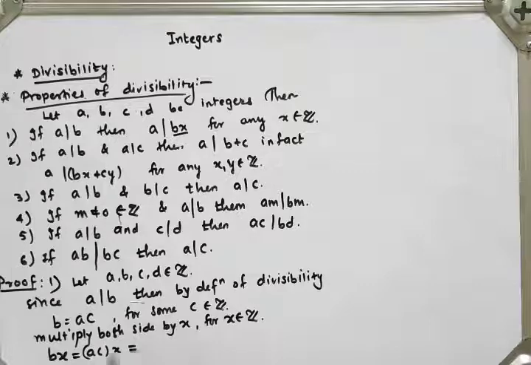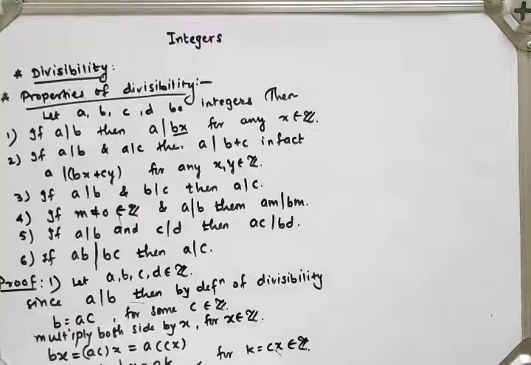So this can be written as a into cx. So bx is equal to a into something, I will write k, for k equal to cx belonging to the set of integers.